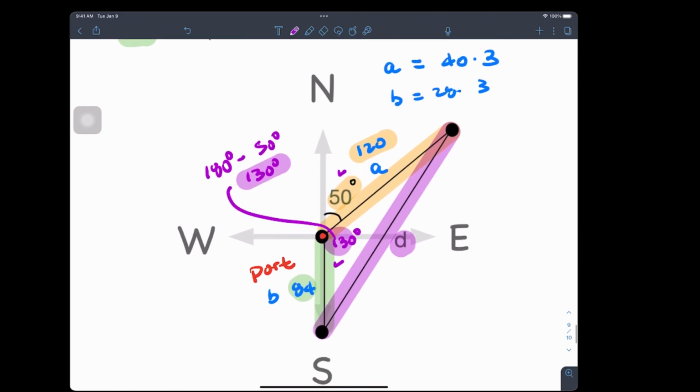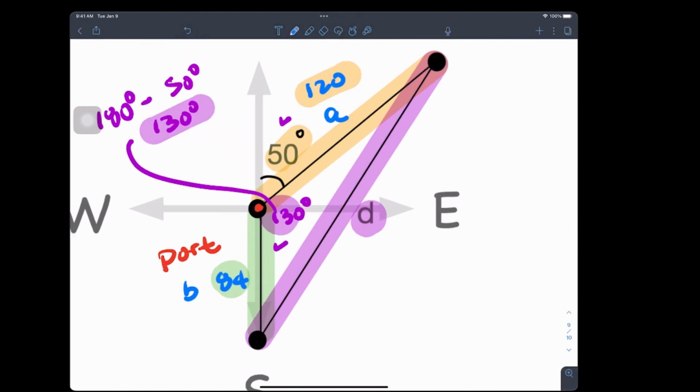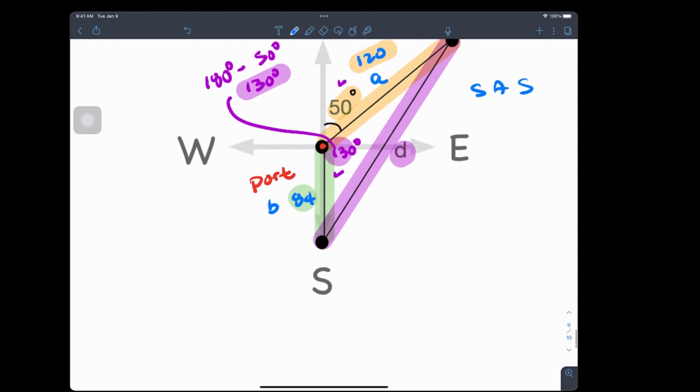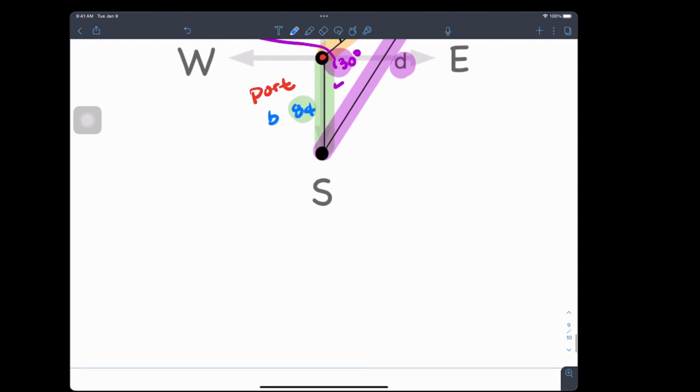So now that angle that you're going to use, is this law of cosines again? How do you guys know this might be law of cosines? You have side, angle, side. So we should have called this really a law of cosines application.